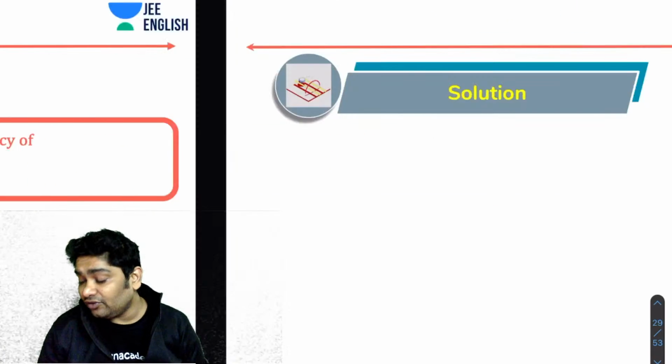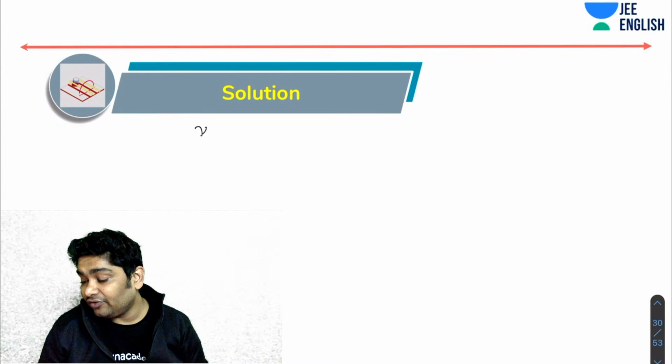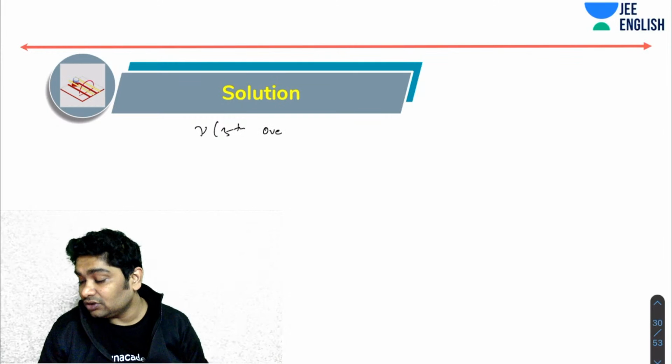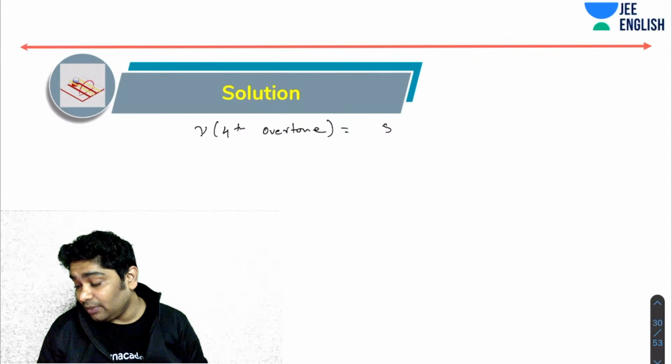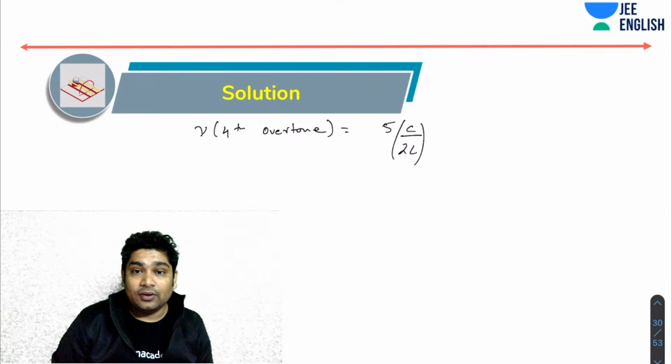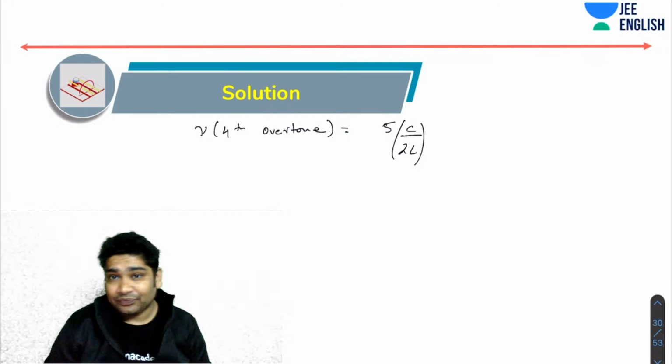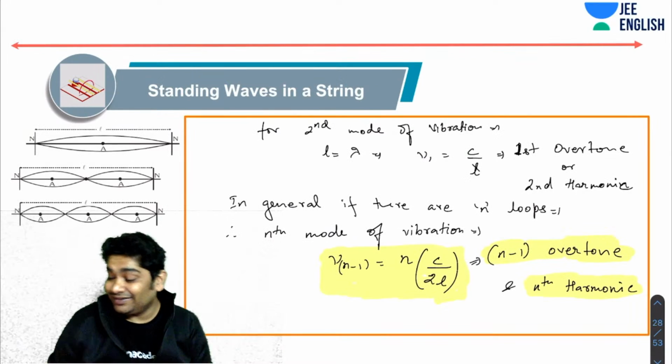So the frequency of the fourth overtone would be equal to 5 times the fundamental frequency, or C by 2L. Just remember that from this.